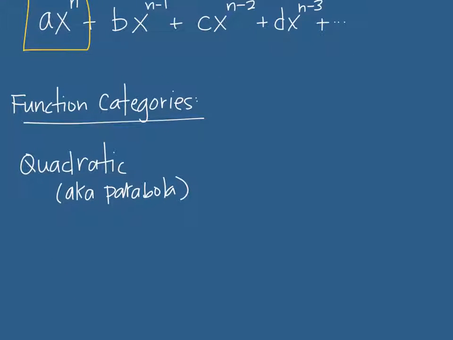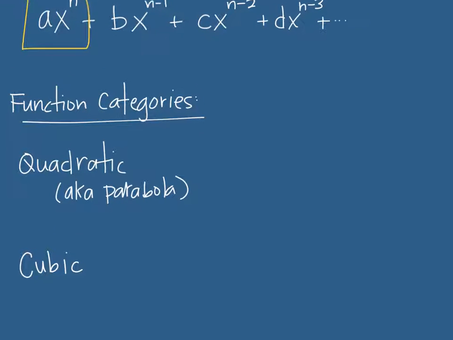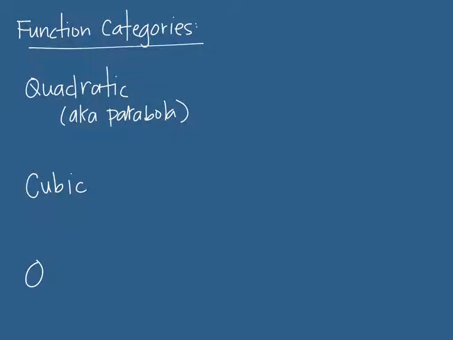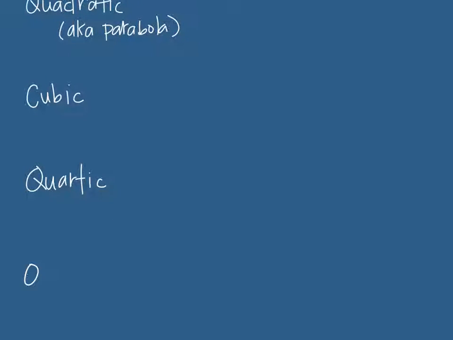After a quadratic comes a cubic. After a cubic comes a quartic. After quartic comes quintic. These are all built into your calculator as regressions. And the power just keeps going up.